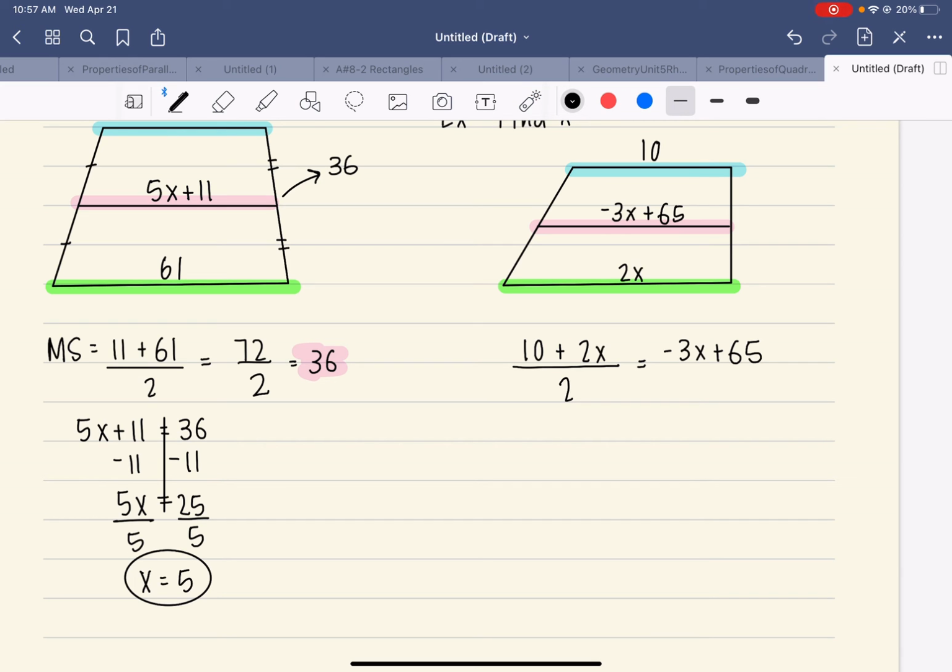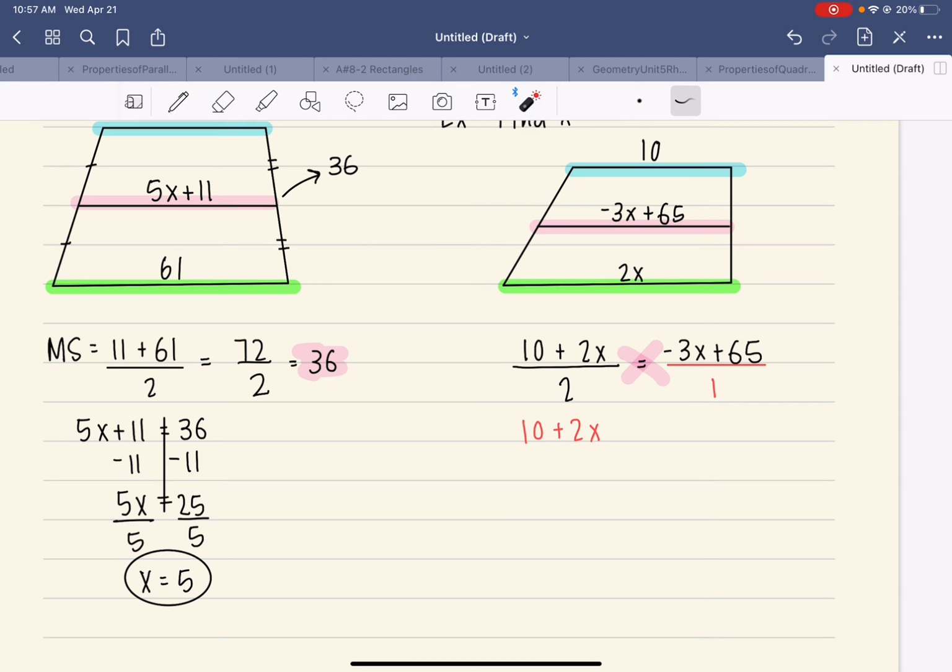What we can do is put our mid-segment over 1 and cross multiply. If I have 10 plus 2x times 1, it gets me the same 10 plus 2x.